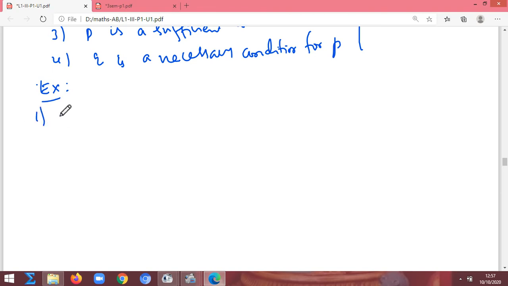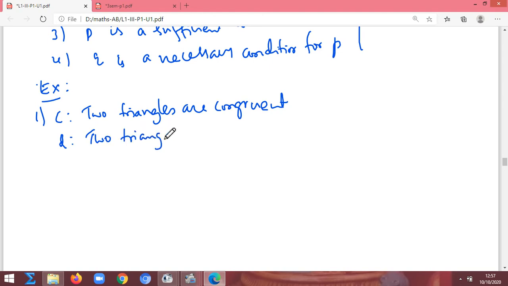Let C be the statement, two triangles are congruent. Then D be a statement, two triangles are similar.